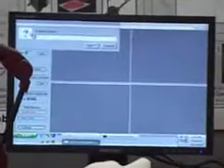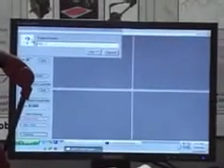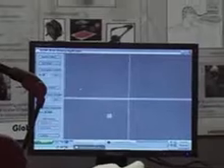So, register patient name. Then we load the CT images. It takes a while to get the CT images loaded because there are about 100 images and it captures every slice.